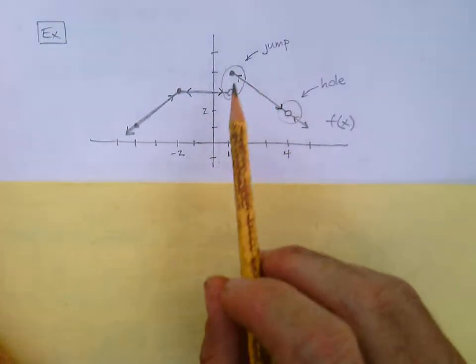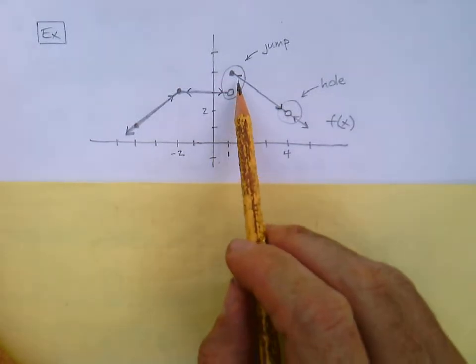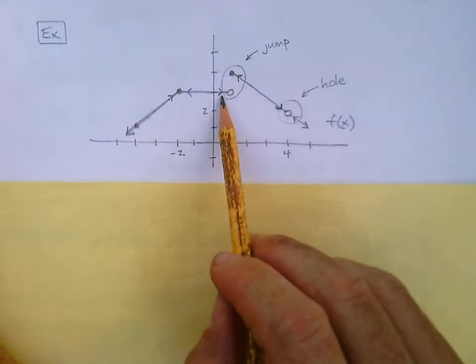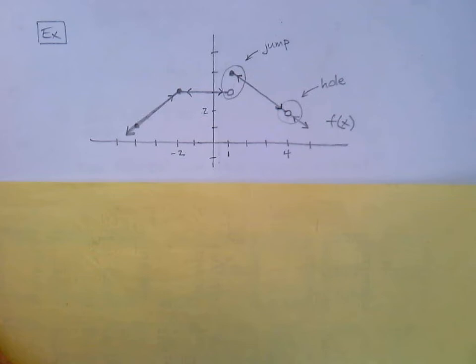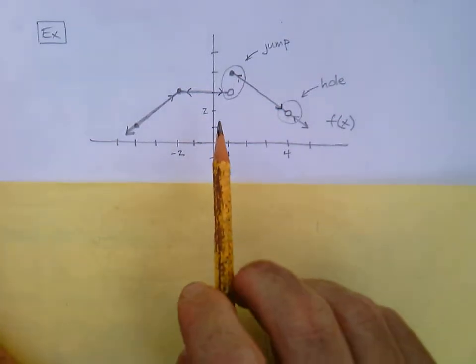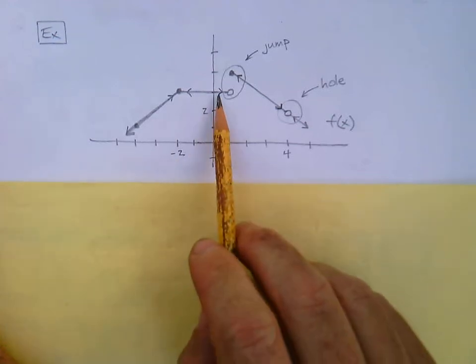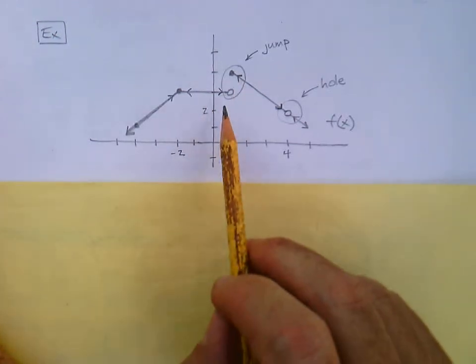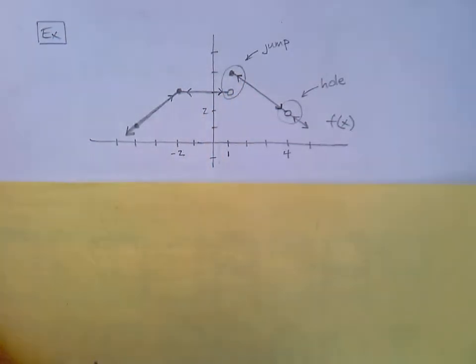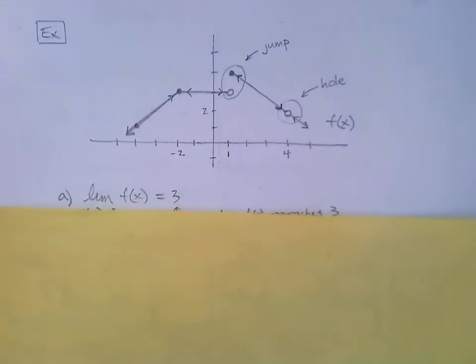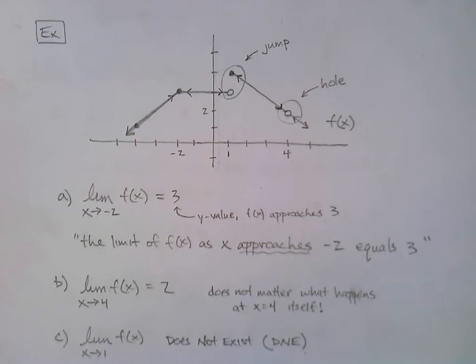If it's a jump, then we know that limit does not exist because it has to approach the same y value from the left and the right. But we can take the one-sided limits. We can take the left only or the right only, but we can't do both of them together because they don't equal each other.